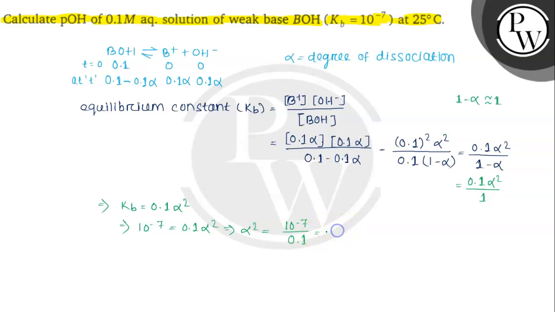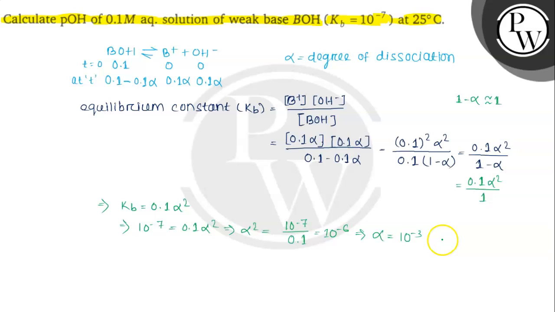So now it will become 10 to the power minus 6. So alpha will become 10 to the power minus 3. So we got the value of alpha, that is 10 to the power minus 3.